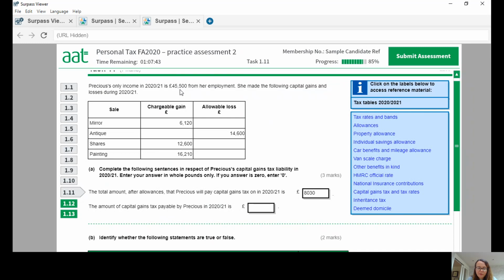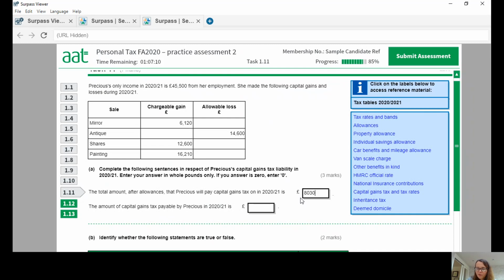So I'm going to do 45,500 subtract 12,500, which is 33,000 of taxable income, right? So 33,000, obviously, I'm not going to get that full 8,030 in before I hit my higher rate band. So if I'm on 33,000, obviously I've got 4,500 available before I hit the higher rate.